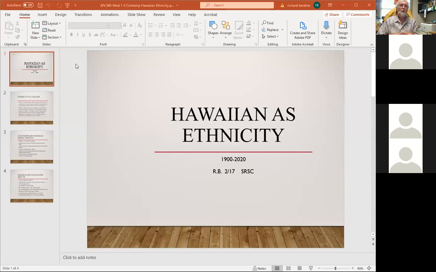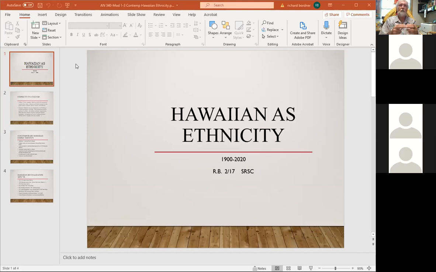Being Hawaiian becomes, rather than the normative system that the population here lives under, especially by the 1880s, 1890s, where the Hawaiians are actually a minority population due to Asian immigration for the plantations, at that point, being Hawaiian turns into ethnicity. It turns into a combination of who you self-identify as and the group that accepts you as a member. Okay. Now, that's not better or worse than culture, but it is different.